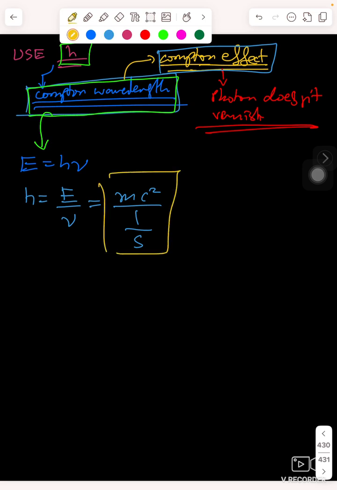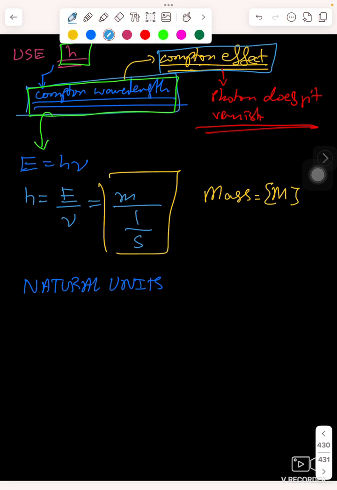Now, what if I convert this into natural units? Mass is represented by m, there's no change in mass. And c is actually d over t.